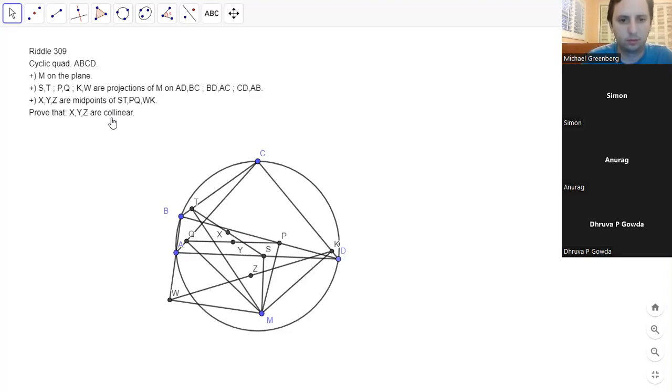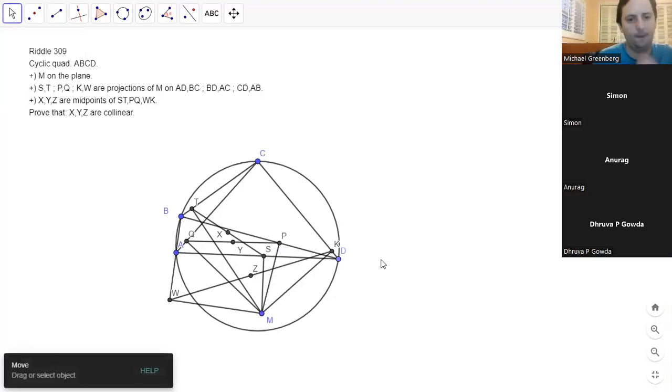Maybe the triangle EMS might be the one we want to look at. We want to prove that X, Y, and Z are collinear, so maybe we can find something in triangle TMS, a line and some ratio.